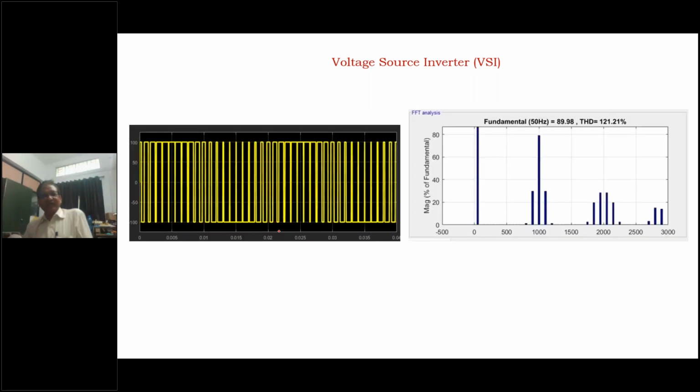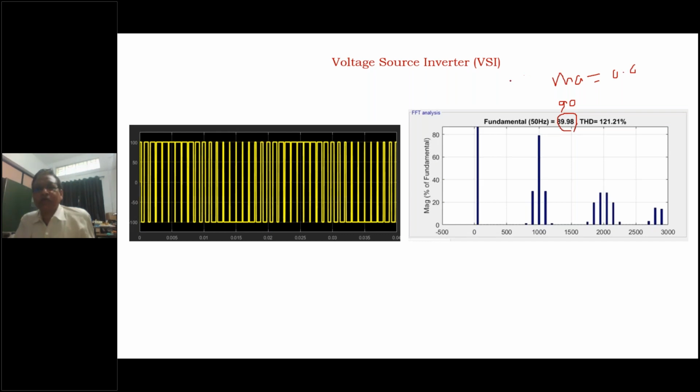Now come to the harmonic analysis of this one. When we do the harmonic analysis, this magnitude I am going to consider 90. What is the meaning of this? The supply voltage is 100 and the output amplitude is 90, which means MA is 0.9.